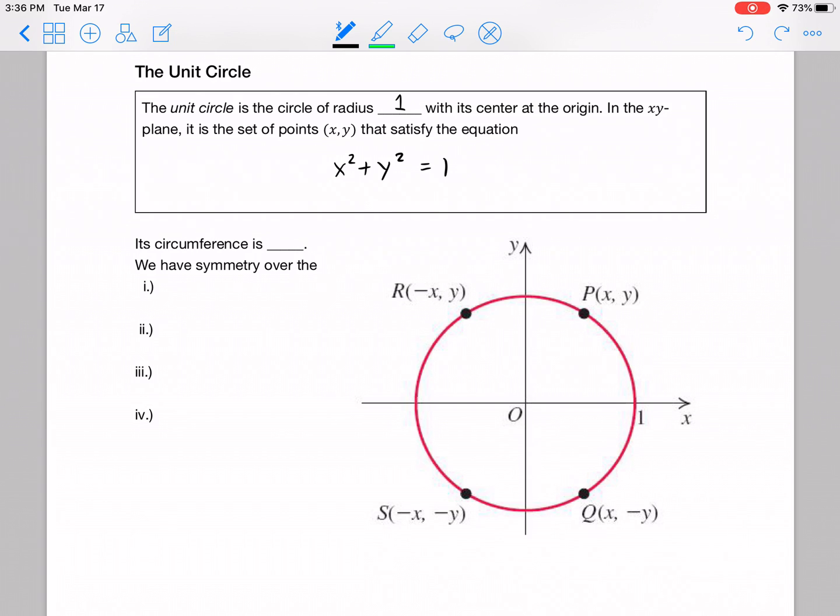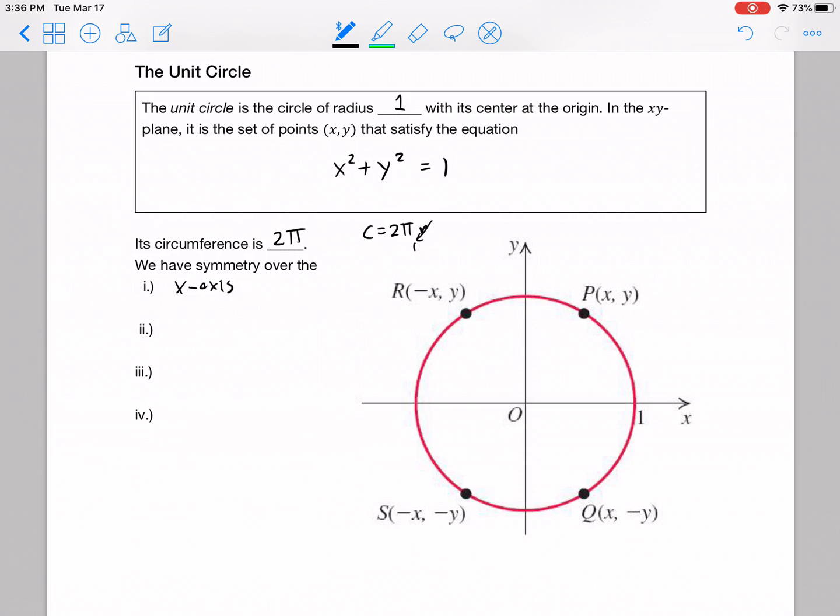The circumference of this unit circle is going to be just 2 pi, because circumference equals 2 pi times r, and here we're making r 1, so this is just a 1, and so it's just 2 pi. We're going to have symmetry over the x-axis.